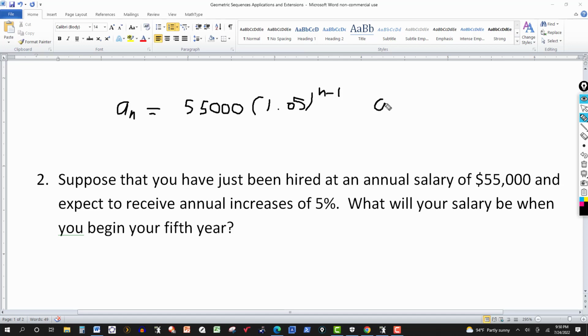So we want the salary when you start your 5th year. So let's just say you want the 5th term. So we have 55,000 times 1.05 to the n minus 1, n is 5 here, so this will just be 4.